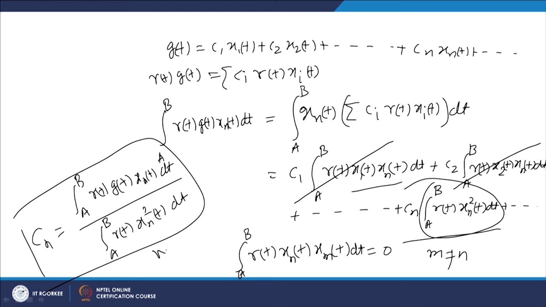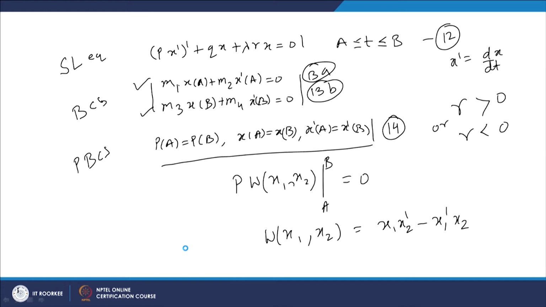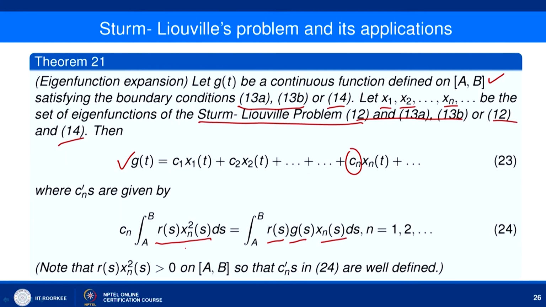And this you can write for all n greater than or equal to 1. So, it means that you can expand your g(t) in terms of xn(t), using the following formula to find the coefficients.